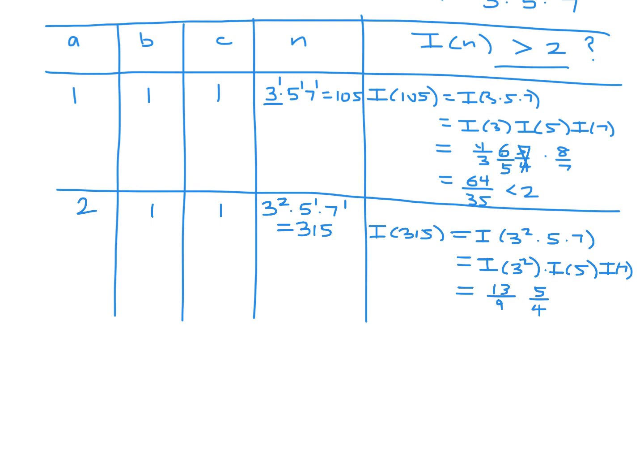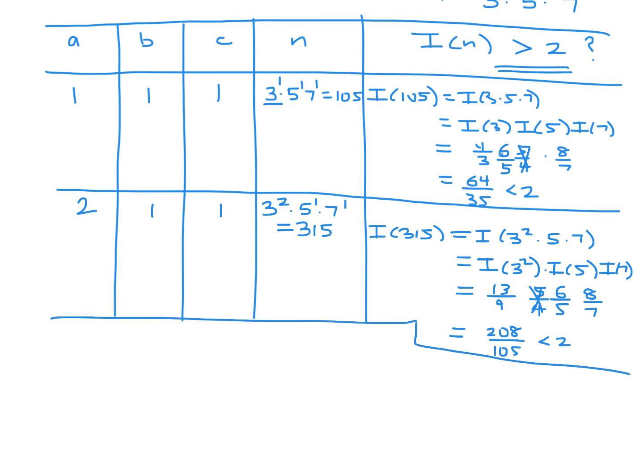Sorry about that. So this is not 5 over 4, this is 6 over 5. Just got to make sure I don't make any mistakes. And this is 8 over 7. When you multiply all these, it's 208 over 105, and that is still less than 2. So we still haven't satisfied that.